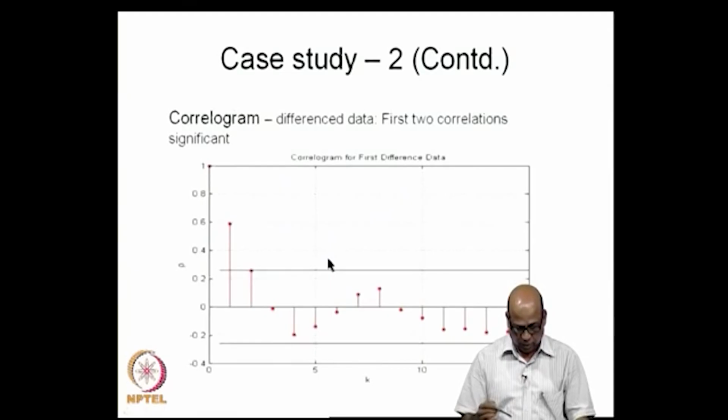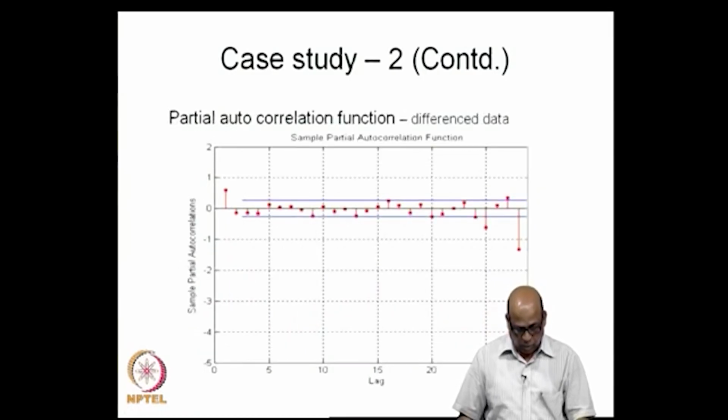Whereas for the difference data you see only the lag 1 correlation coming up as significant. The partial autocorrelations again indicate that most are insignificant. There is one at a very high lag that you can ignore when you are building the models, and there is one at the beginning of the series, maybe around lag 2, that is significant.